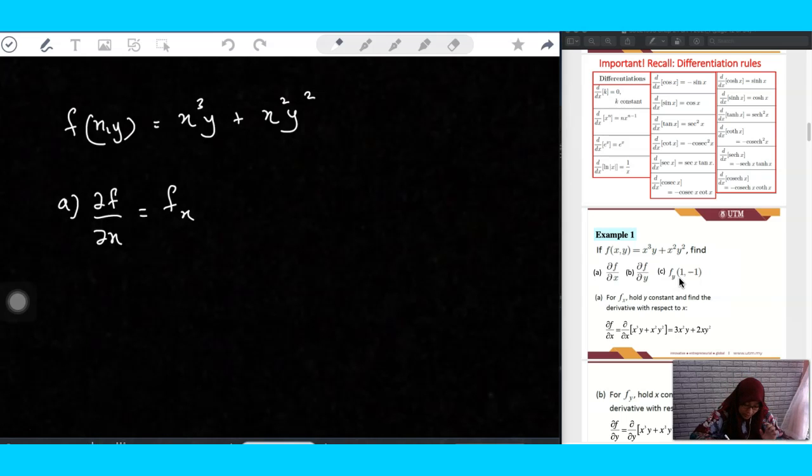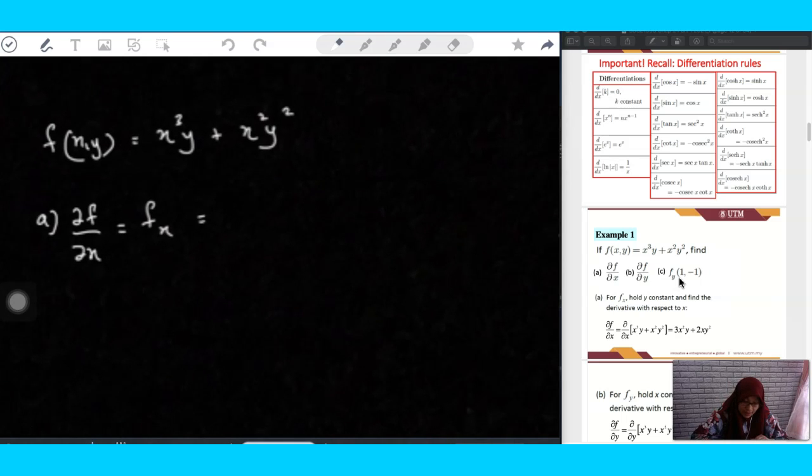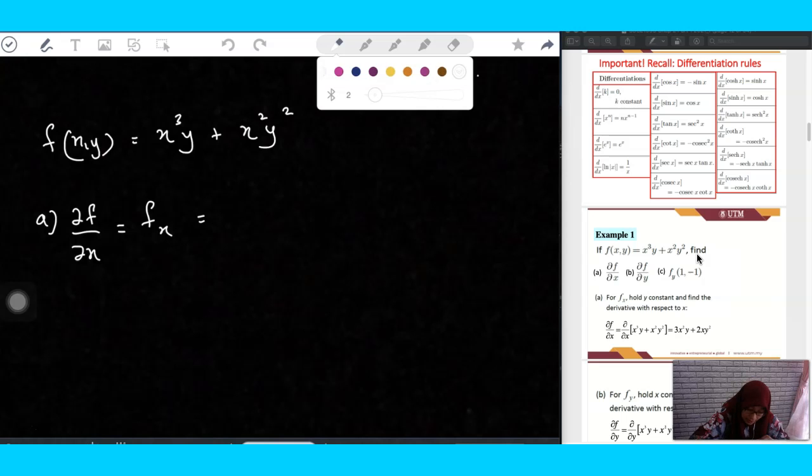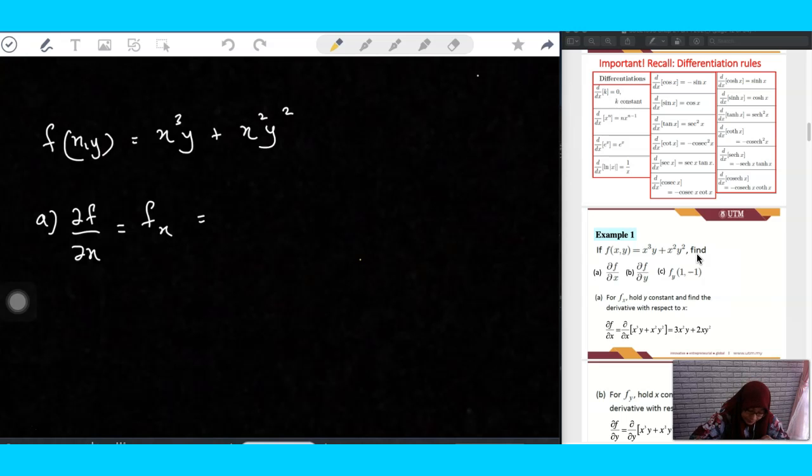Always bear in mind y is constant. So what is the answer? You have to look at it term by term, because you can see the summation symbol plus, so you can do the differentiation separately. Now look at the first term, x cubed y. Can you see the x in the expression? Yes, meaning that y here is just like a number, 4, 10, 100, minus 1.